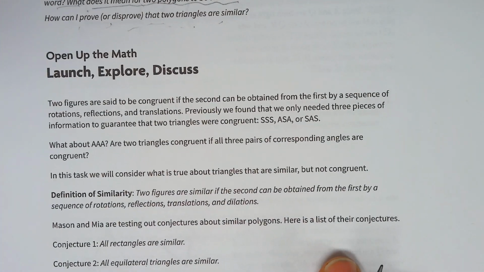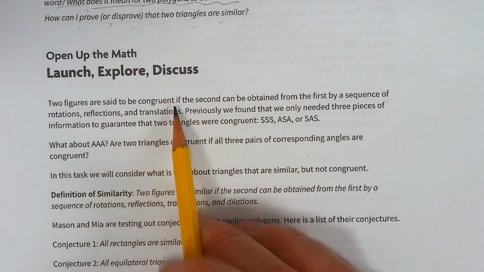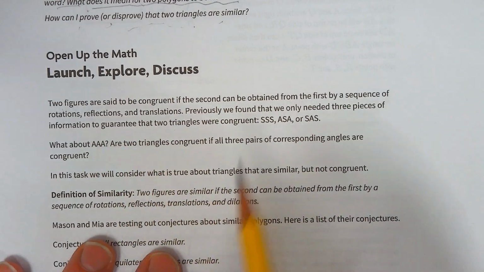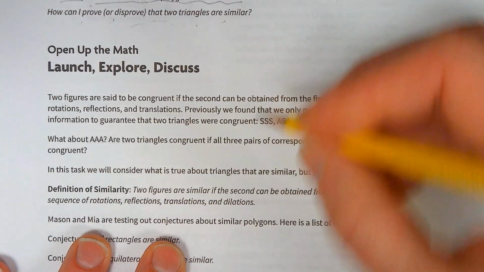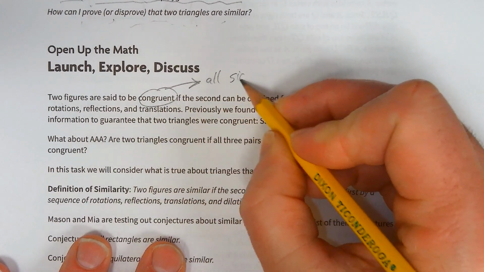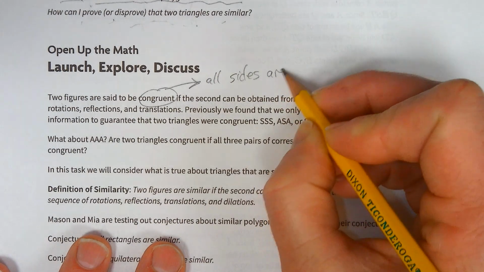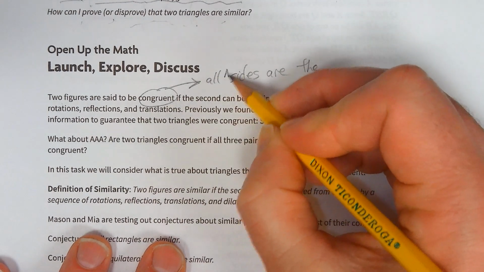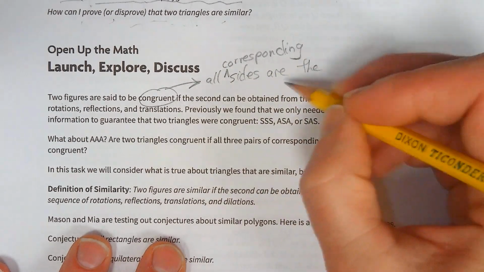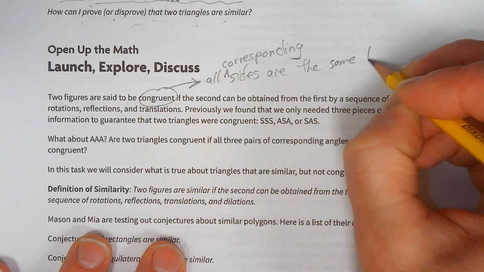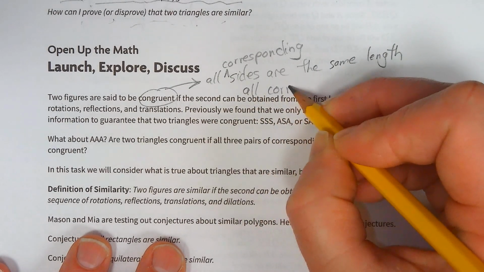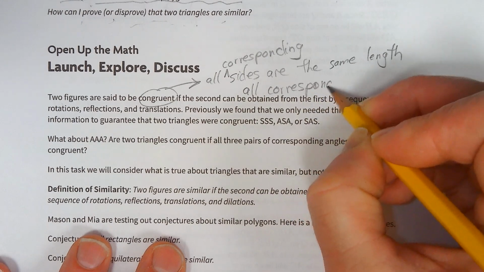Let's find out. Two figures are said to be congruent if the second can be obtained from the first by a sequence of rotations, reflections, and translations. Also, all corresponding sides are the same length, and all corresponding angles are the same measure.